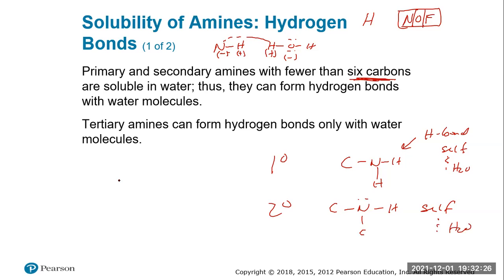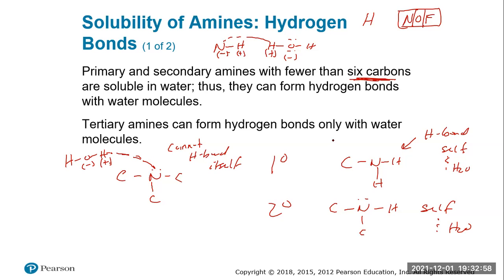A tertiary amine looks like this, which means it doesn't have a hydrogen, which means it cannot hydrogen bond with itself. But if a water came along, it definitely could do some hydrogen bonding between the water and the nitrogen there. But again, it cannot hydrogen bond with itself like a primary or secondary amine is able to.